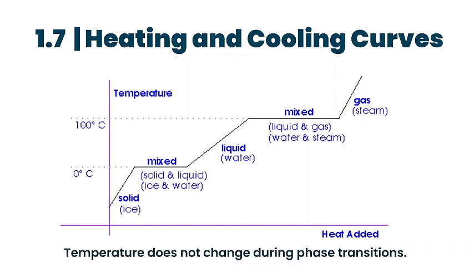Just remember that temperature does not change during phase transitions, and at this point, we can actually measure the latent heat of transformation. So we can see here, this is for water, solid, that is, let's say, sub-freezing values, that's below 0 degrees Celsius.